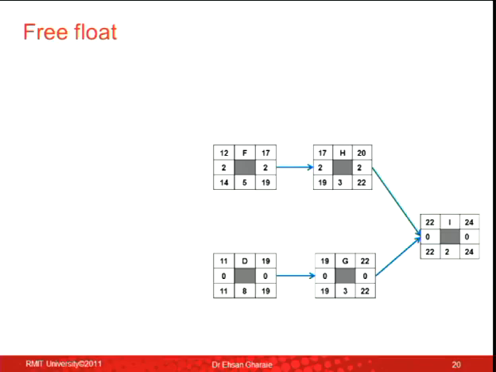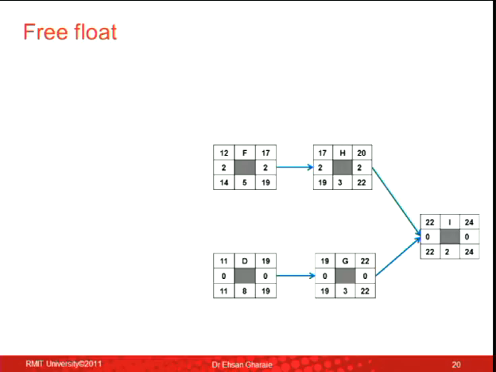Because it's written 2 days there. Who says 0? Because? It has or it doesn't? It doesn't have an impact on the next one? We're talking about activity F. It does have an impact.